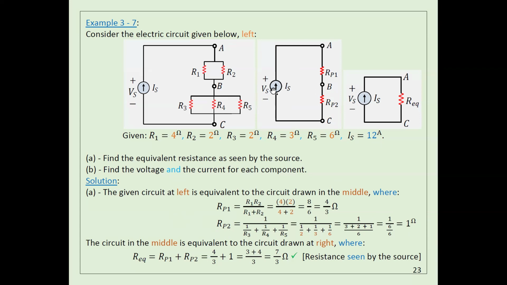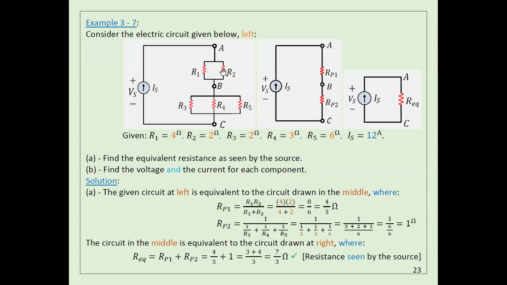Now, given IS, so here I give you IS. What do you want? I want to get I1, I2, I3, I4, I5. Let me ask you a question, and this is the easy part. If I can know the voltage here, V1 should equal V2, the same voltage. So if I can calculate the voltage here, it's going to become very easy to calculate I1 and I2.